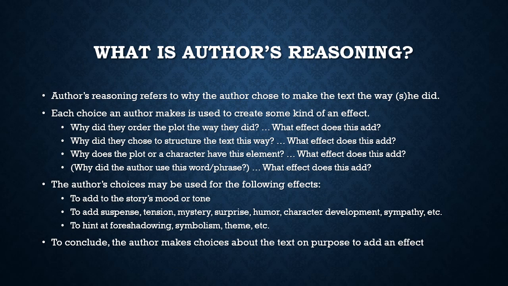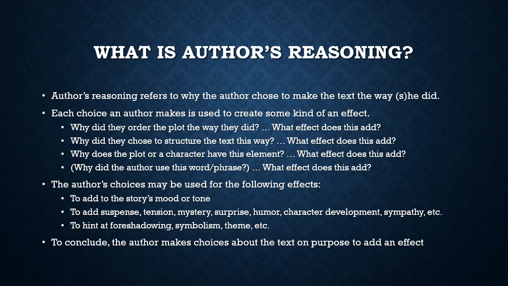Of course, we've already talked about that in a previous video as well, but it does also relate to author's reasoning. So all those effects that you might be seeing are examples of why the author might be doing what they're doing in the text. A few examples could be that they might be trying to add to the story's mood or tone.